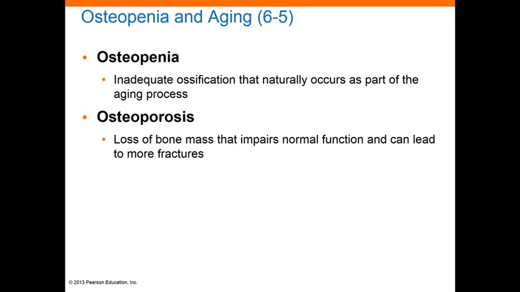Sometimes osteopenia can develop to the point of osteoporosis. Osteoporosis is the loss of bone mass that will impair normal function and can even lead to more fractures. Osteoporosis is more common in women and typically will accelerate after menopause. This is usually due to the decline of circulating estrogens.